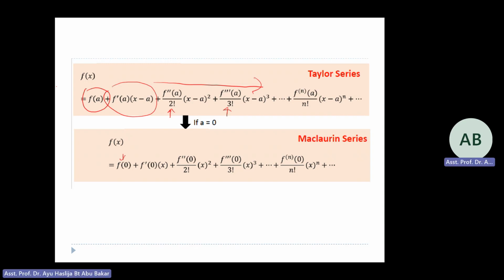So by using these 4 significant figures, plug into the ES equation, okay, just now. When n equals 4, you will get 0.5. So proceed the calculation until EA is lesser than 0.5.